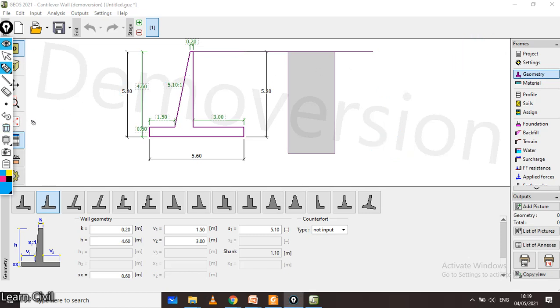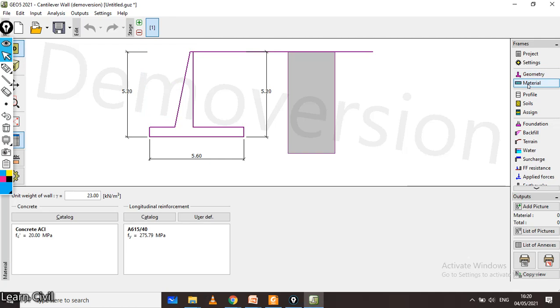Okay, so we have provided dimensioning like this. Next we have to provide the material. The unit weight of wall, let us consider this unit weight is 23 kilonewton per cubic meter.